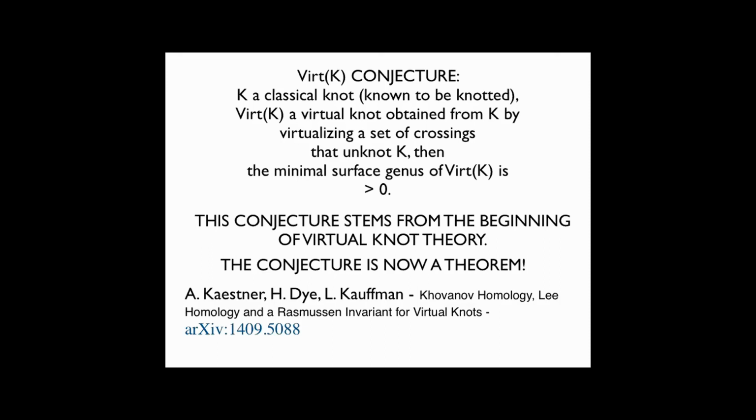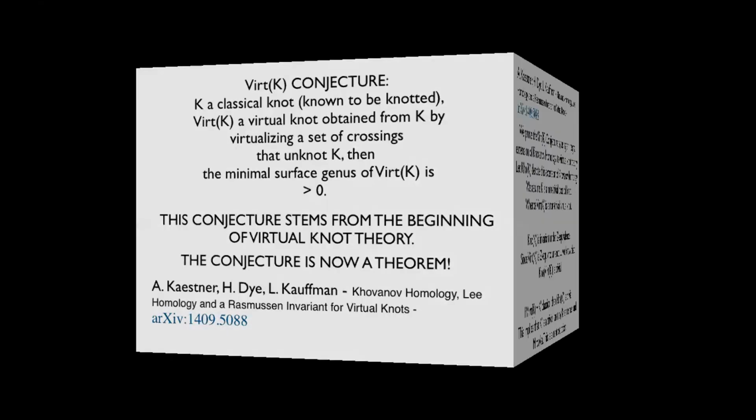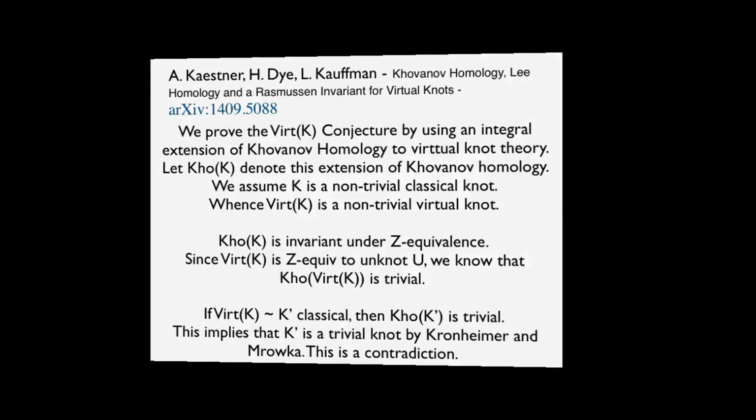That was our old conjecture. And it turns out that that conjecture is true by using an extension of Khovanov homology for virtual knots. Now, in the interest of time, I'm going to skip the sketch of the proof of that until we talk about Khovanov homology a little more.